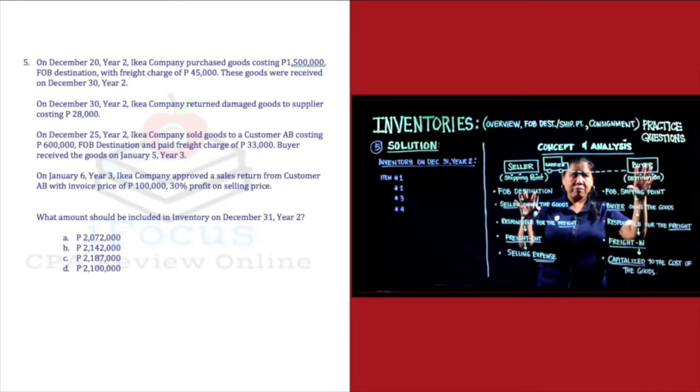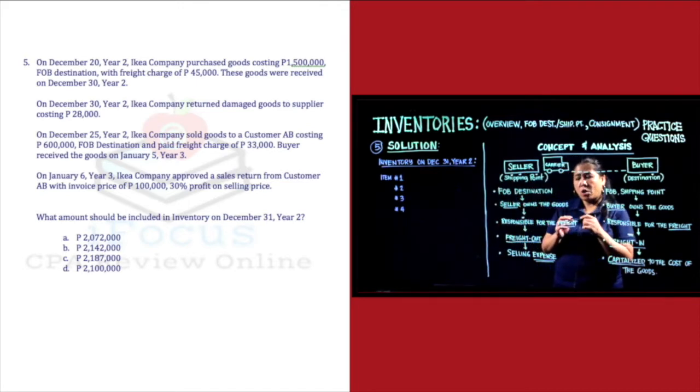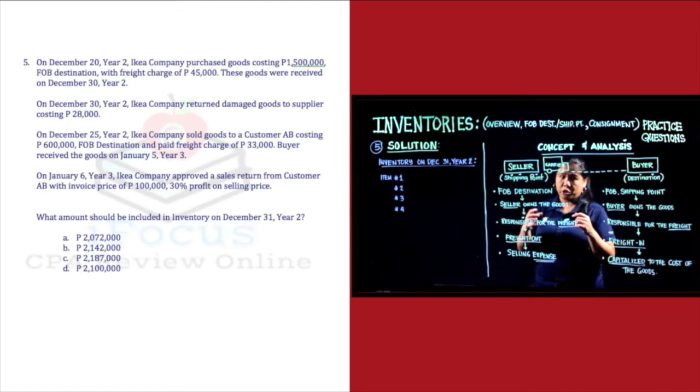Kasi FOB destination. So, habang transport ni carrier ang goods papunta kay buyer, ang goods in transit na ito ay pag-aari ni seller. The seller owns the goods. Since the seller owns the goods, the seller should be responsible for the freight. On the books of the seller, it should be charged as freight out.